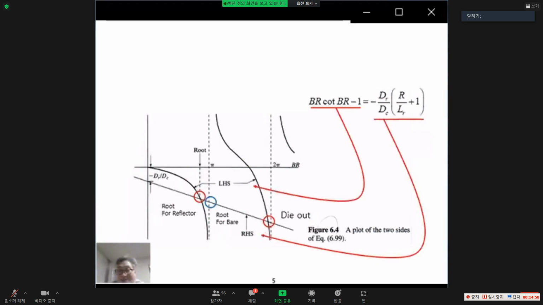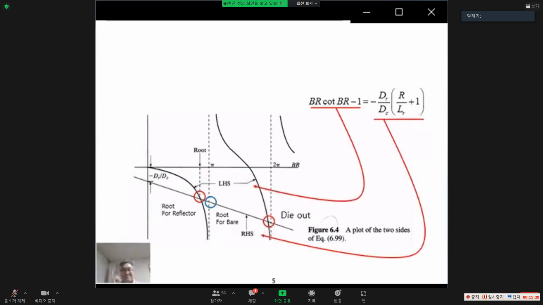If it were a bare reactor, BR should be pi. But now, with the reflected reactor, the value of BR is lower than pi. That means the critical radius is smaller than the critical radius of the bare reactor.